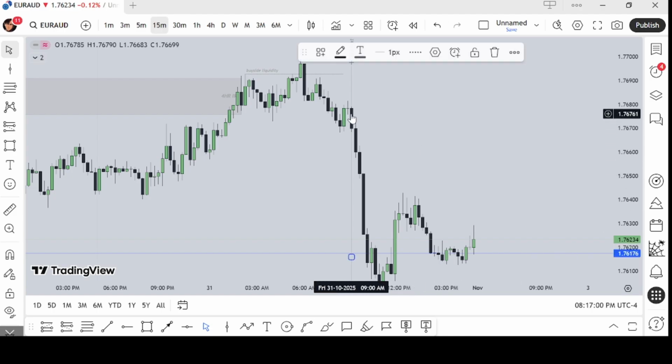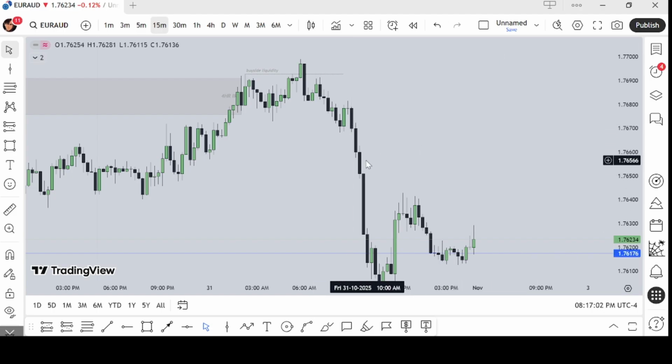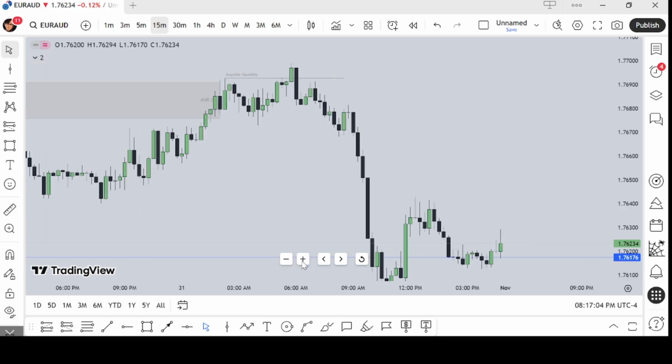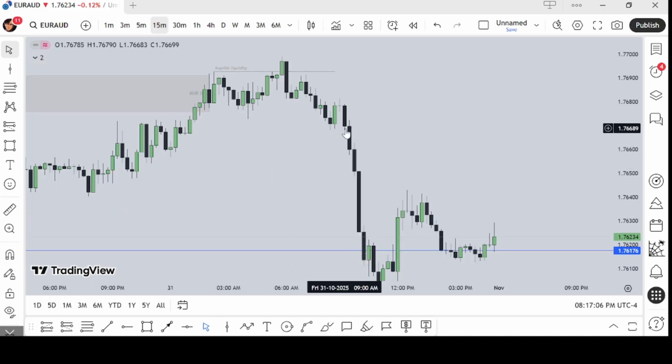I'm just going to remove this because I believe you guys already understand. So the 9 a.m. candle starts right here, and now what I'm going to look for is what? Market structure. Now you can see we swept London high, we retraced, we swept, we broke, we made a shift in market structure, which is this right here.